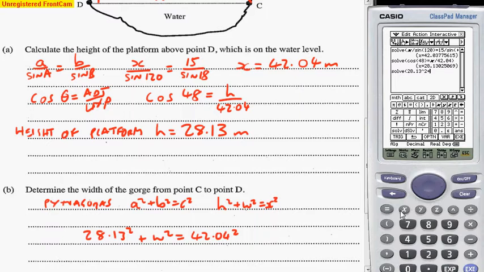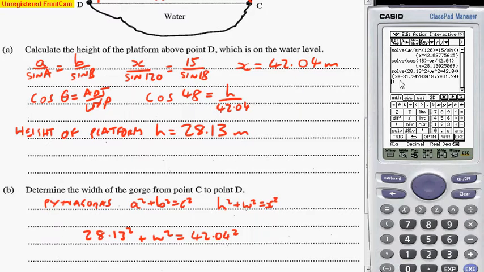I'm going to use x because the calculator is familiar and friendly with x's, and that equals 42.04 squared. And I close that off, and an xy, and there we go.